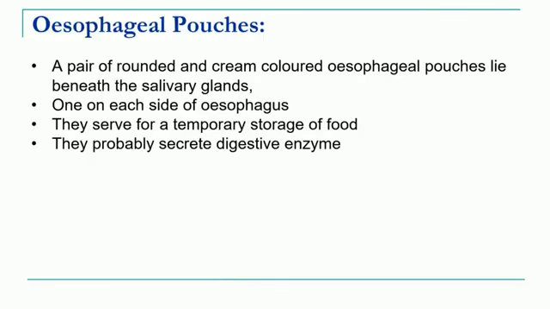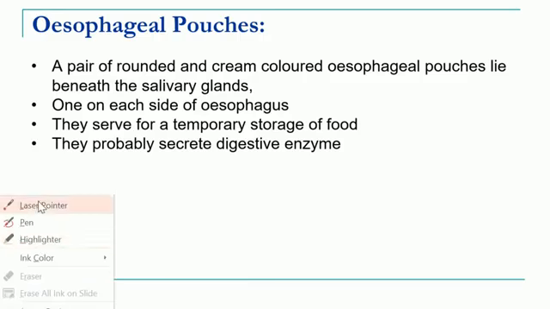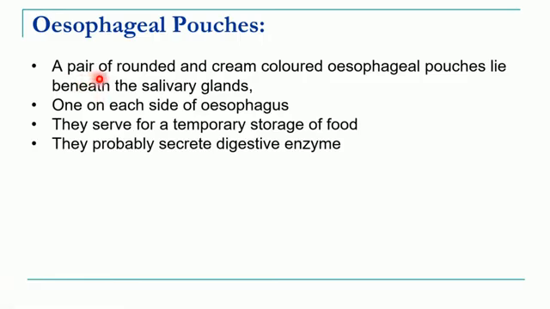Then we come to the second type of digestive glands, which are also known by the name esophageal pouches. If we see the shape of these esophageal pouches, they are also paired structures. They are rounded in shape, cream colored, and they lie beneath the salivary glands.